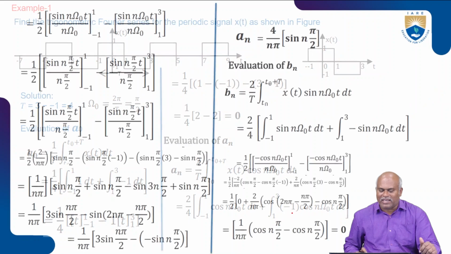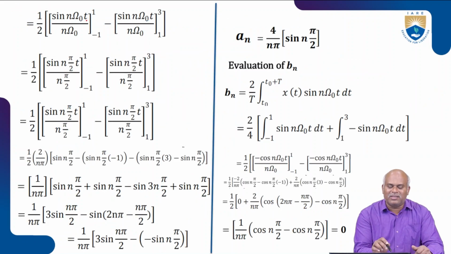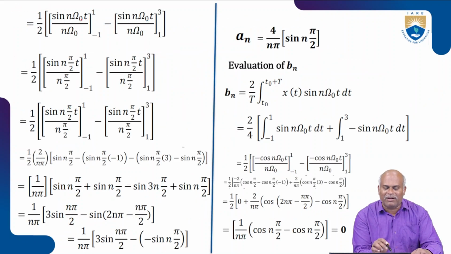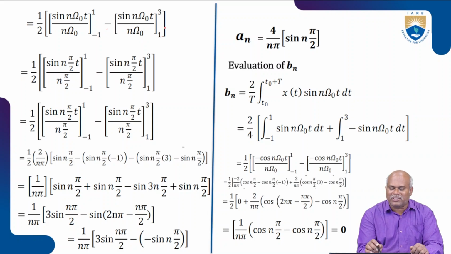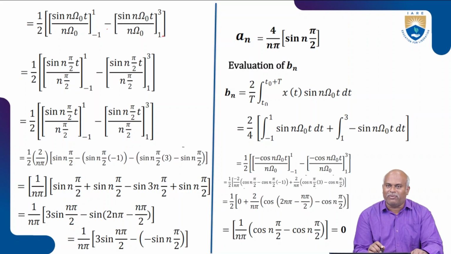Then go to the next step. 1 by 2 sin n omega 0 t. You should differentiate with the case n omega 0 t, 1 to minus 1, minus of sin n omega 0 t, 3 to 1, n omega 0 t. Then we should substitute for both the upper as well as the lower limit.